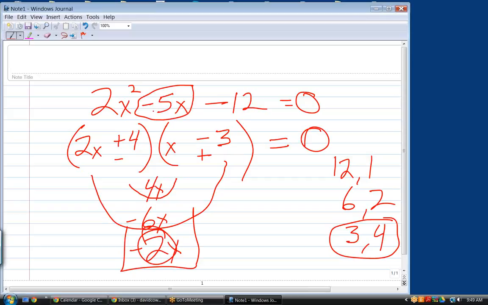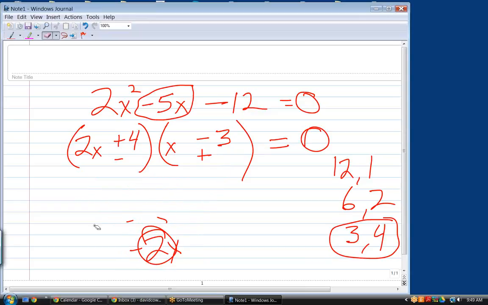So there's no point in moving the 4 down to the negative sign and the 3 to the positive sign. I don't have to try that trial anymore because I know that would produce a plus 2x. So I've eliminated one of my necessary trials; instead of 4 trials, I now at most only have 3.